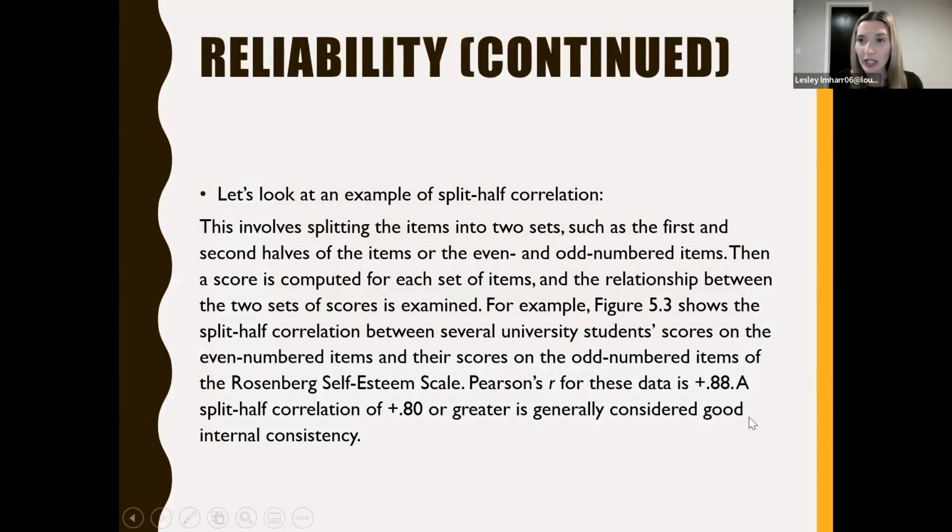So next we're going to look at another construct called split half correlation. And let me just explain for a minute why we're going over this in terms of looking at measurement, is that for your final program evaluation, we are going to ask you to report on some of these scoring components related to the measures that you select.